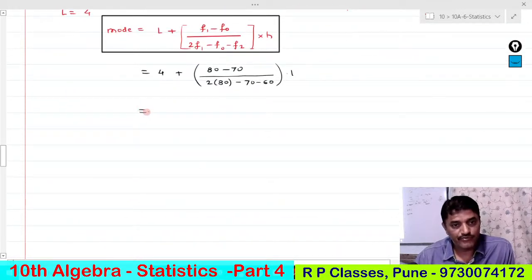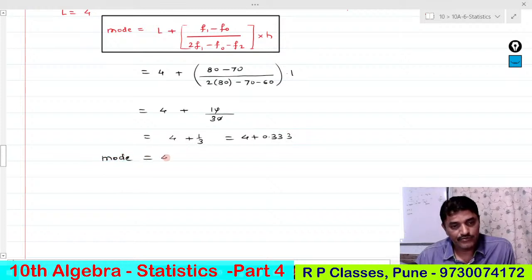This is equal to 4 plus 10 upon 160 minus 130, which is 30. So this is 4 plus 1 upon 3, that is 4 plus 0.3333, and therefore mode is equal to 4.333, that is the answer.